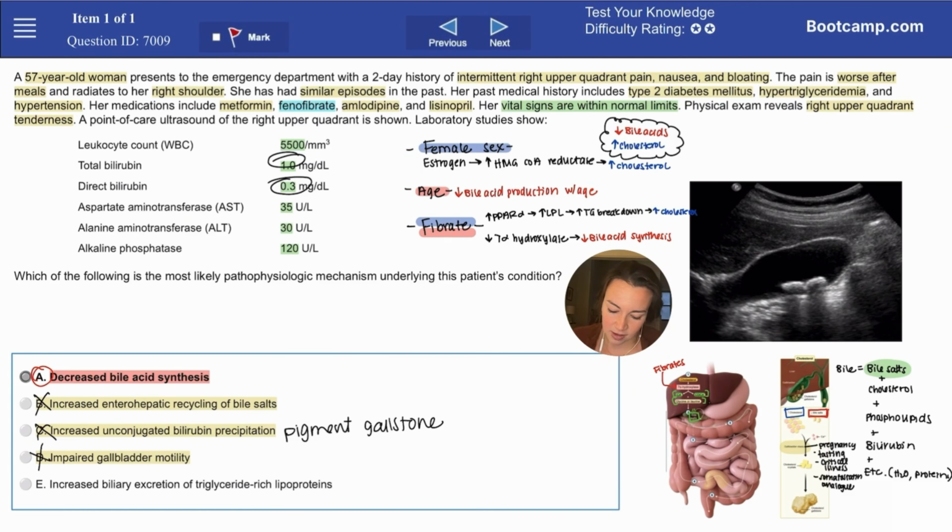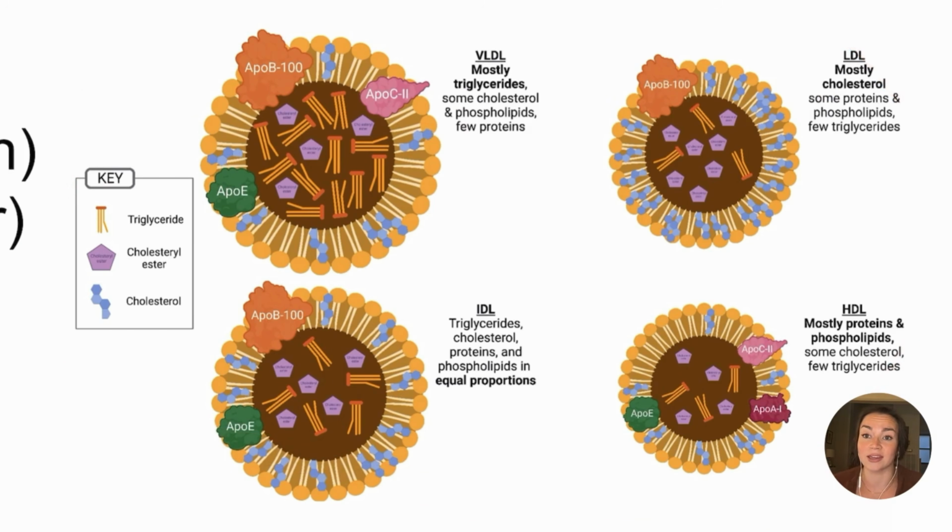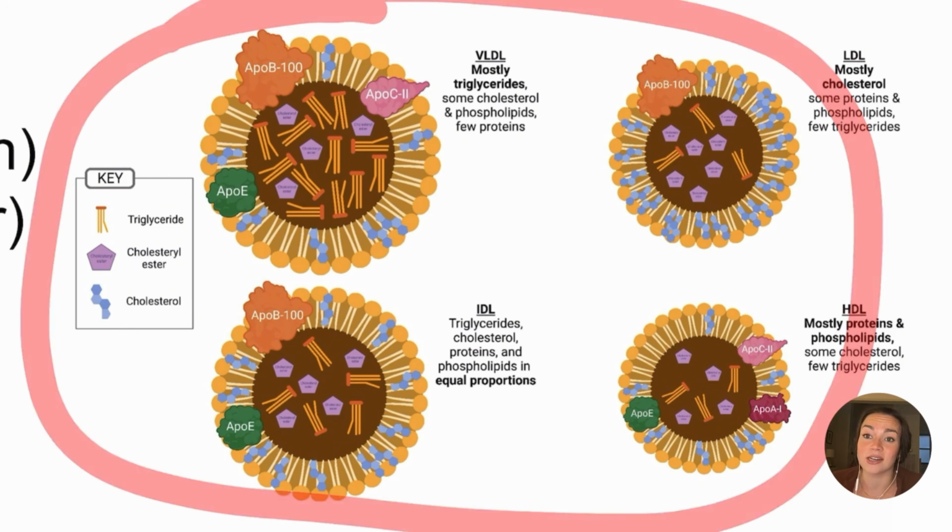So that is incorrect. And then our last incorrect answer choice is increased biliary excretion of triglyceride-rich lipoproteins. Lipoproteins, remember, are things like chylomicrons and VLDLs. These were the way that we packaged triglycerides and cholesterol and cholesterol esters in the lipid absorption pathway. These lipoproteins are not excreted into bile.